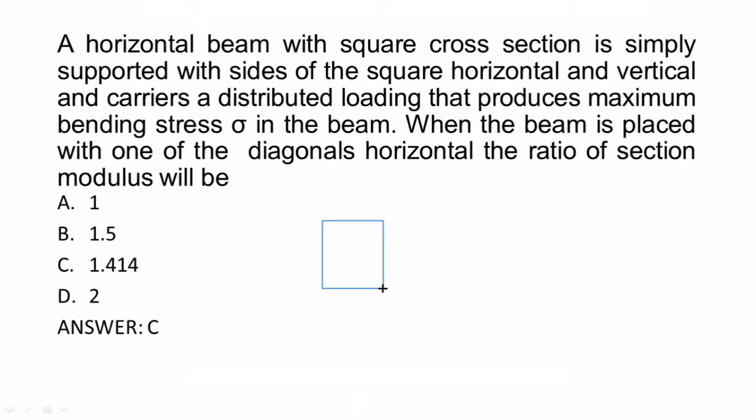and there is another cross section, the same square cross section placed with its diagonal as horizontal. Okay, so in that case the cross section will become something like this.